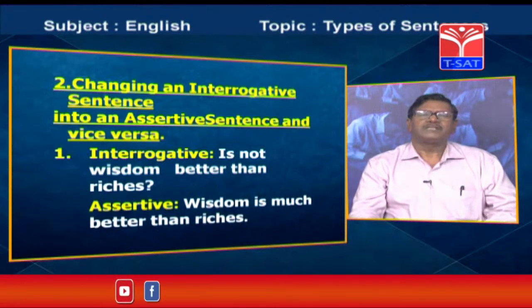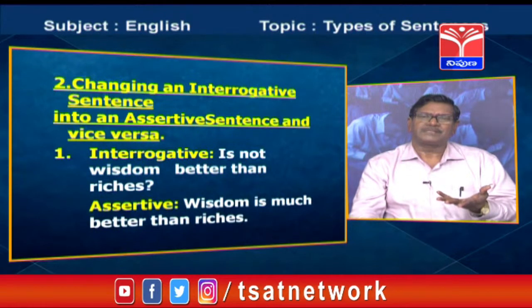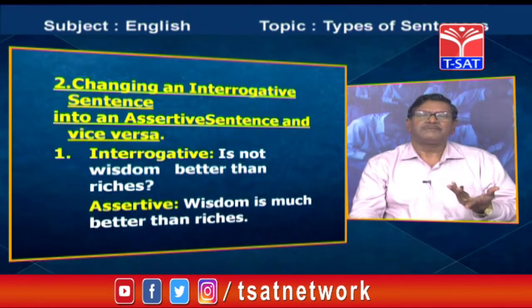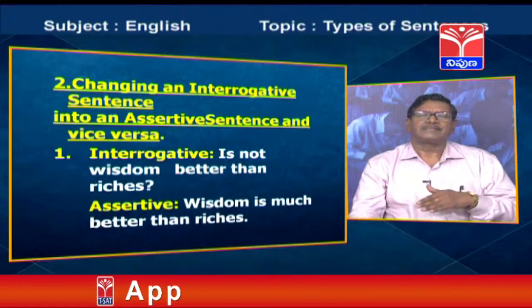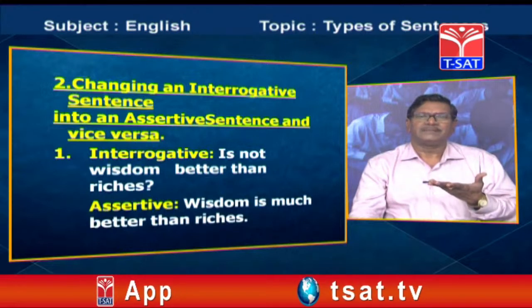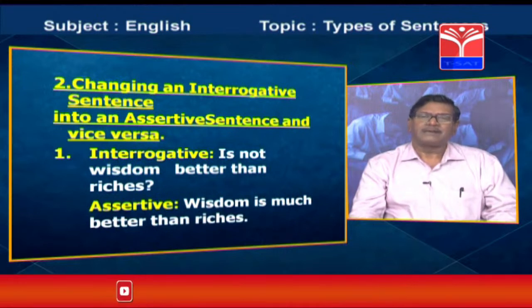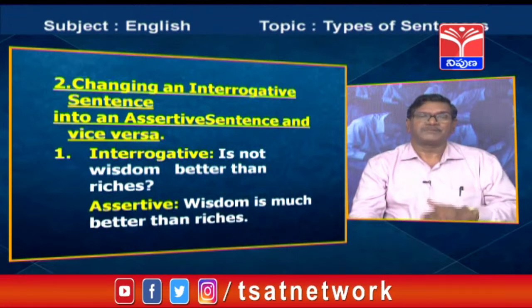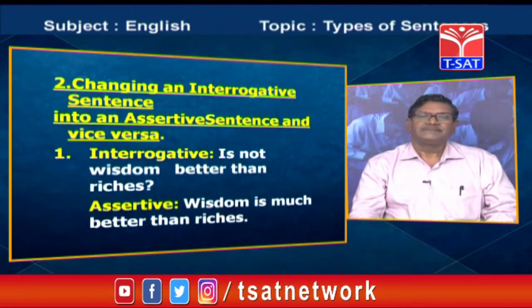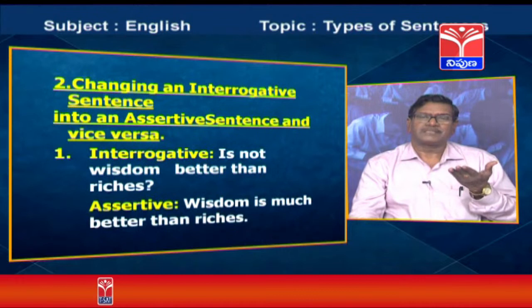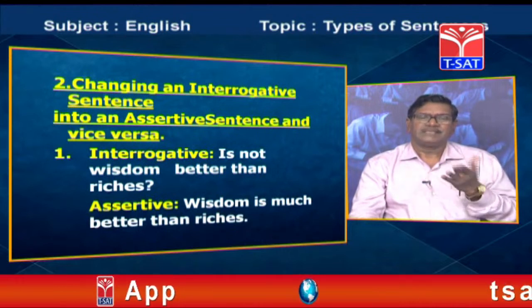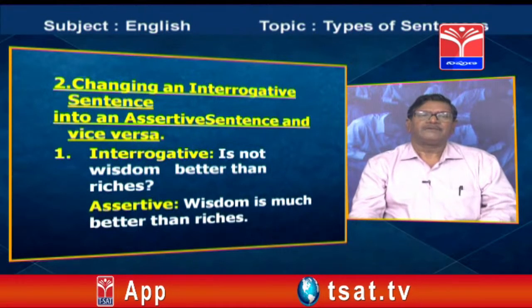Assertive sentence: Wisdom is much better than riches. So what is better than riches? Wisdom. రిచెస్ కన్నా విజ్డమ్ చాలా బెటర్ అయింది. దాన్ని క్వశ్చన్గా మారిస్తే, విజ్డమ్ రిచెస్ కన్నా బెటర్ కాదా? అవును, విజ్డమ్ ఈజ్ మచ్ బెటర్ దాన్ రిచెస్. అసర్టివ్ సెంటెన్స్గా మారిపోయింది. This interrogative sentence has no question. ఇది అసర్టివ్ సెంటెన్స్. And now let us see the second example.